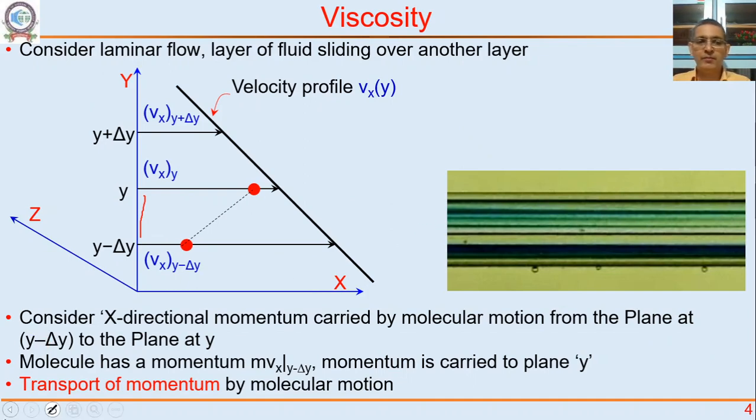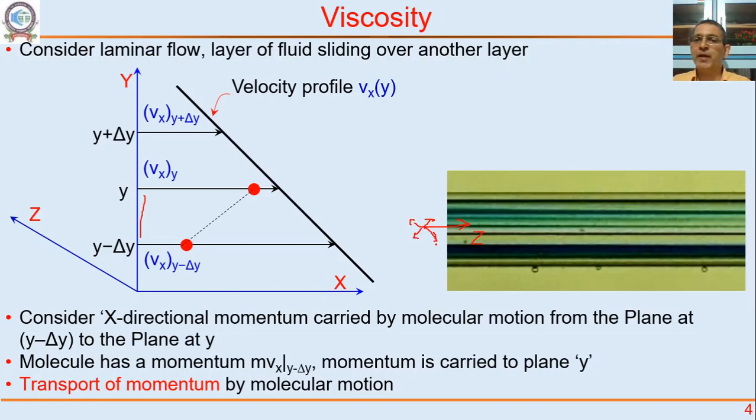z direction. Let's take another color. If we are talking about the axis of the pipe, along the axis we have the z direction. Away from the axis we have the r direction.